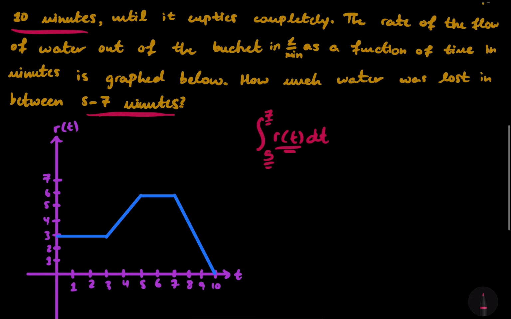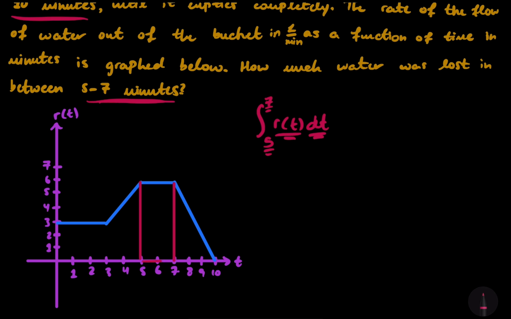If we look at this graph, we're looking between 5 to 7 minutes. If we draw a straight line like that, and another straight line like that, then we have a very simple area problem. This is just a rectangle. The base goes from 5 to 7, so the base has a length of 2.